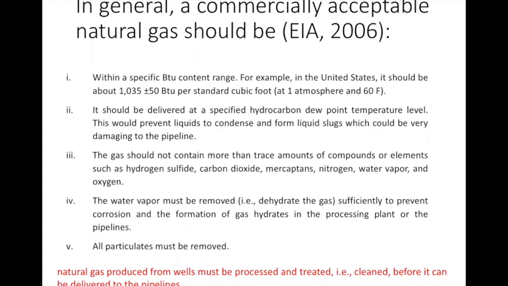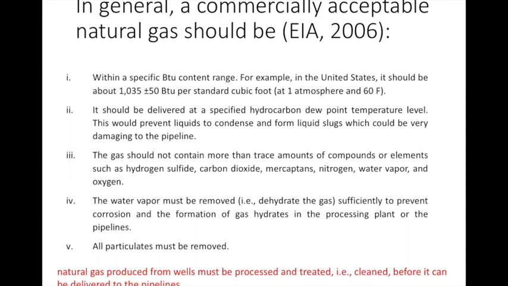In general, commercially acceptable natural gas, according to EIA 2006, must be within a specific BTU content, right? In the United States, it is mandatory that natural gas flowing through the pipeline has a BTU content of 1035 plus or minus 50 per standard cubic feet of the gas, at 1 atmosphere and 60 degrees Fahrenheit.